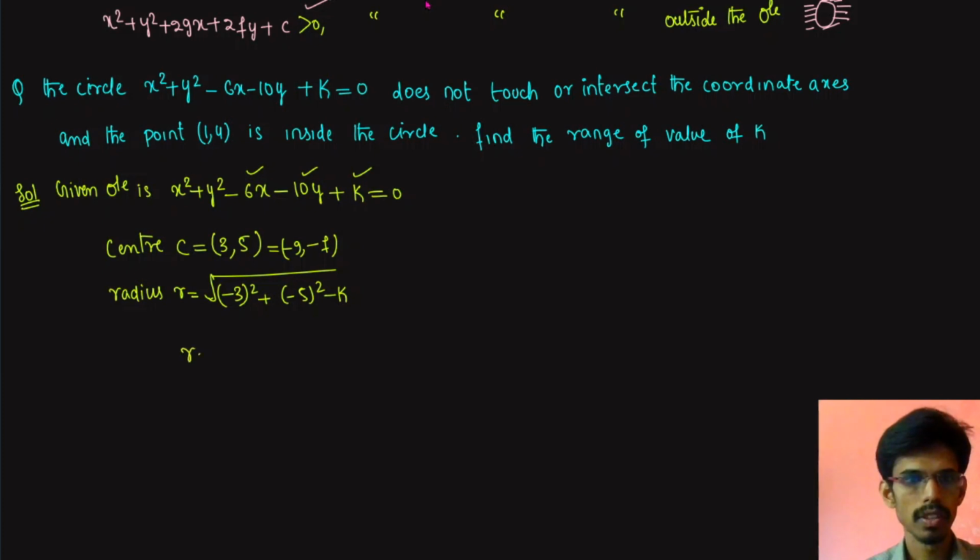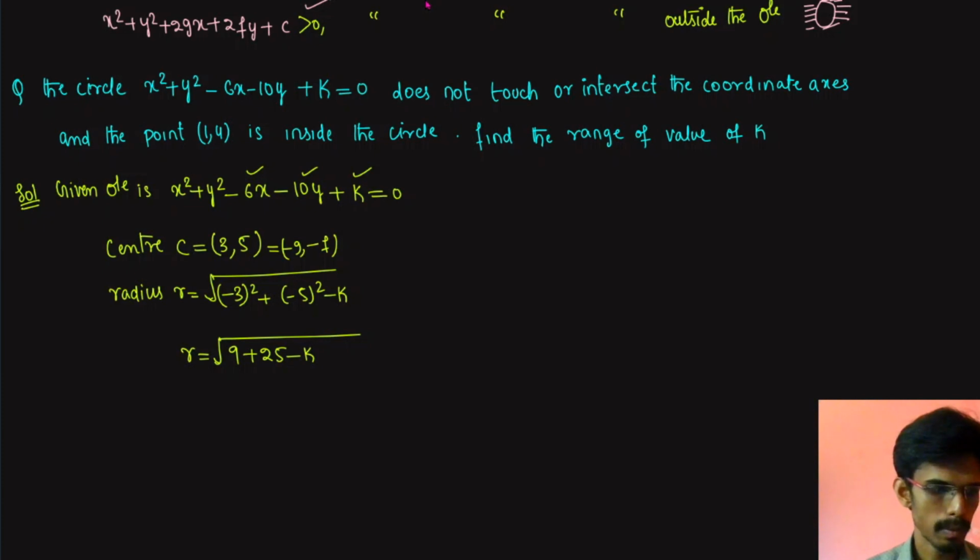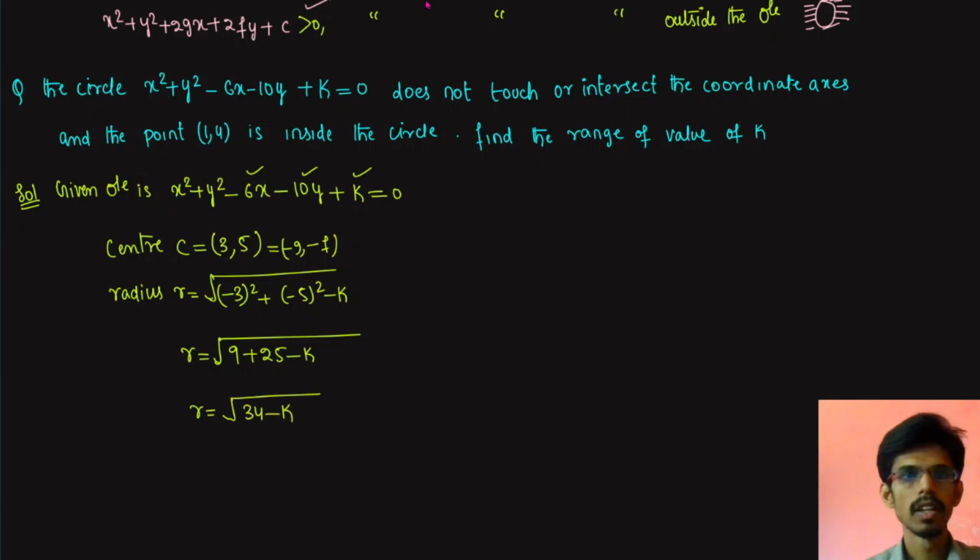So the radius will become under root 9 plus 25 minus k, so this will become root 34 minus k, which is the radius.